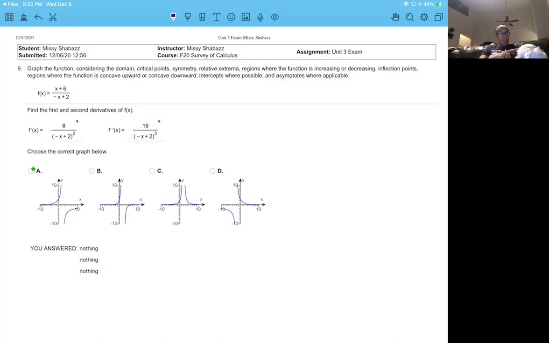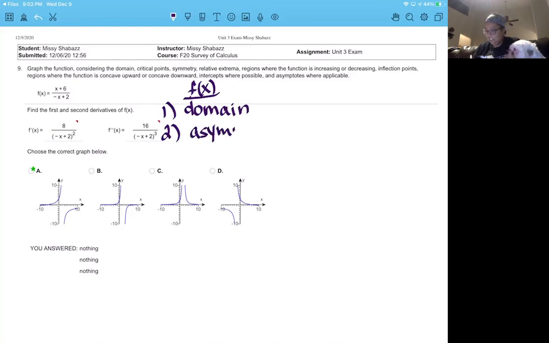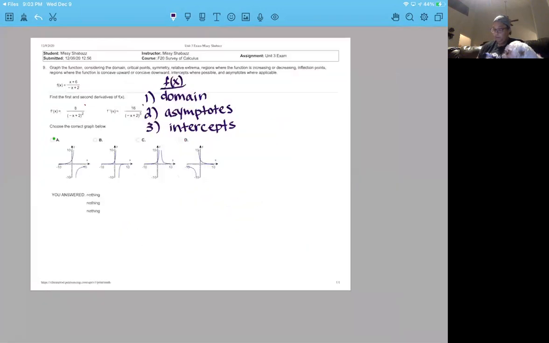What can f of x tell me? F of x can tell me the domain, my asymptotes, and my intercepts. So that's what I'm going to start with.